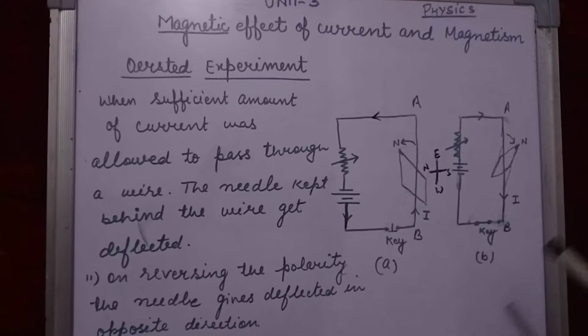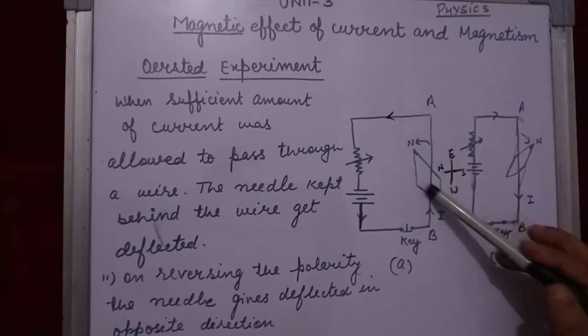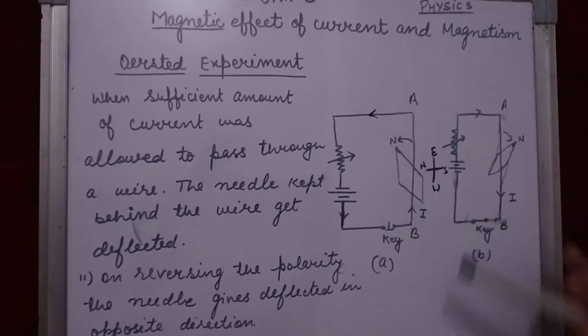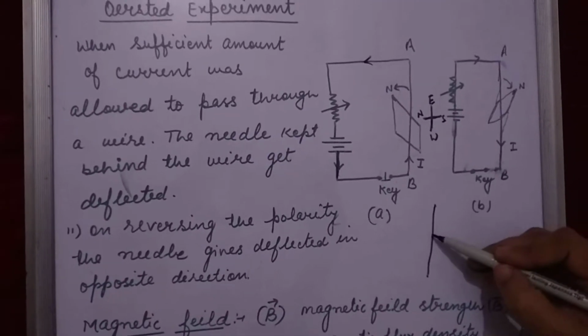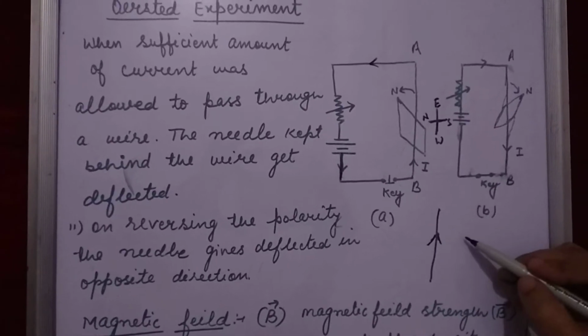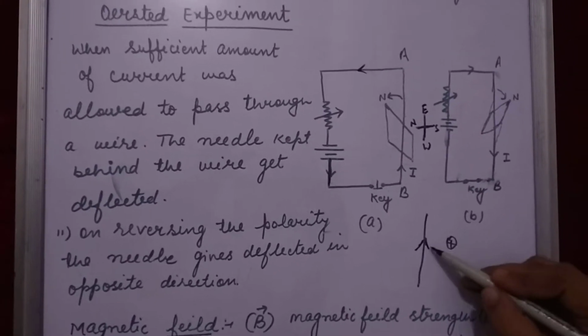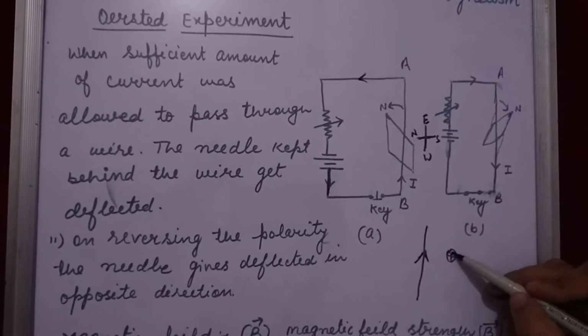So he observed that a current carrying conductor develops a magnetic field around it. Suppose this is a rod, and around it there is a magnetic field; it becomes a magnet. If we put a magnetic needle here, it is also a magnet. This is the magnetic needle.